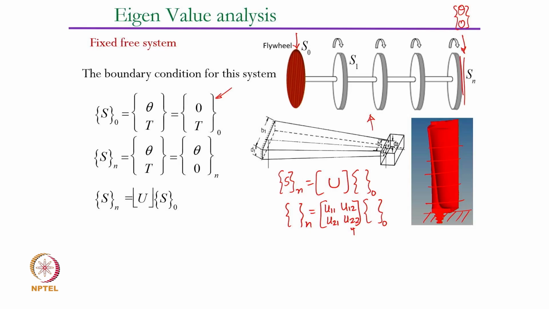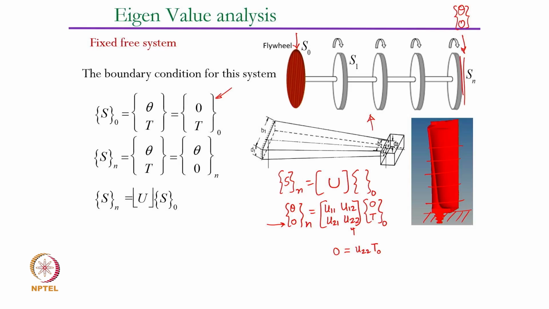Now, in this particular example, when Sn is written as theta and 0, and S0 is written as 0 and t at station 0, can I write from the second equation here that 0 is equal to U22 into capital T, and T means T0, isn't it?